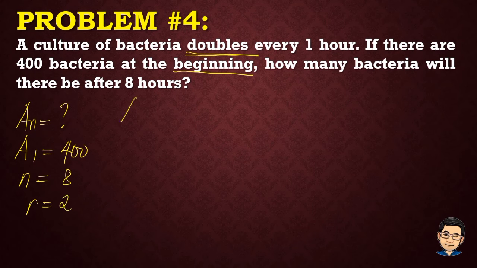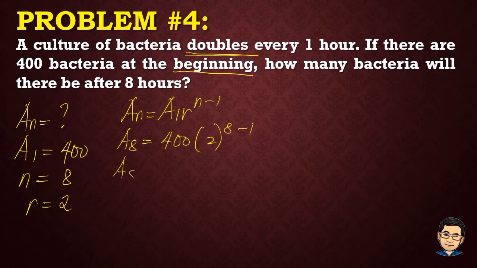Then we apply the formula for the geometric sequence: a sub n is equal to a sub 1 times r raised to n minus 1. So, a sub 8 is equal to 400 multiplied by the common ratio 2, raised to 8 minus 1, that is 7.